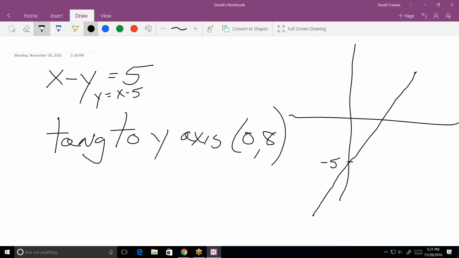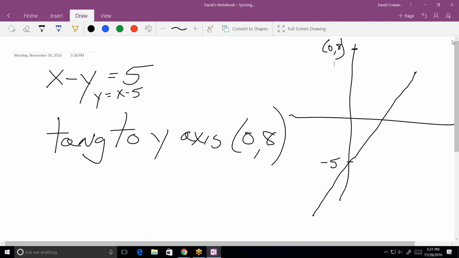Well, if I go to 0, 8, does that mean that, in other words, you can't really be tangent to the y-axis, but the y-axis can be tangent to the circle? I think that's what they're saying. So if the y-axis is tangent to the circle, naturally I never have enough room here.